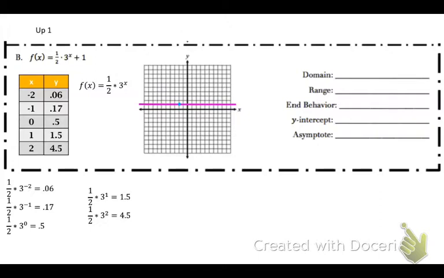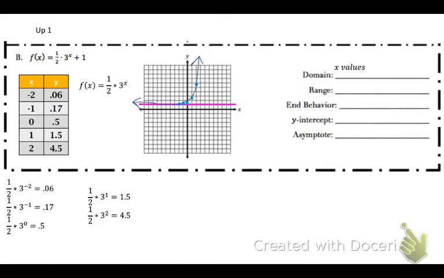So -2, 0.06 will be right there. -1, 0.17 will be right there. 0.5 will be right there. 1, 1.5, right there. And then 2, 4.5, right about there. Then you can graph that graph right there. Okay, so once you get those 5 points, just plot them and you can graph it.